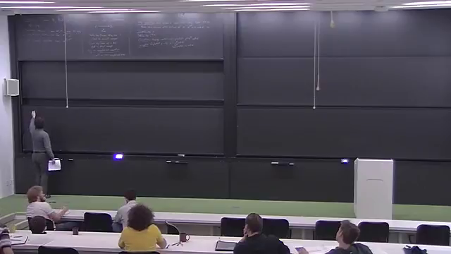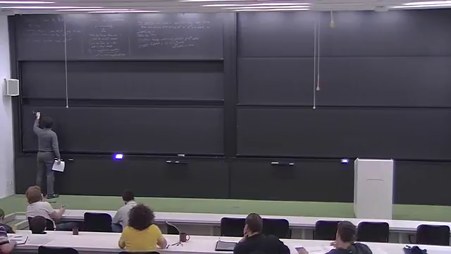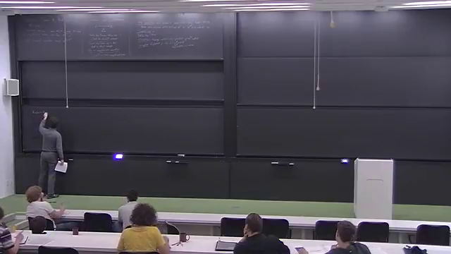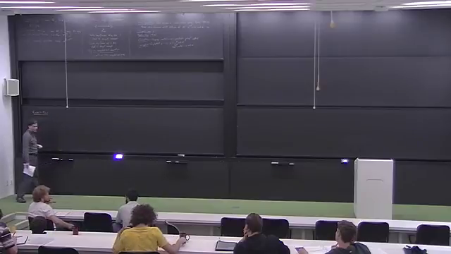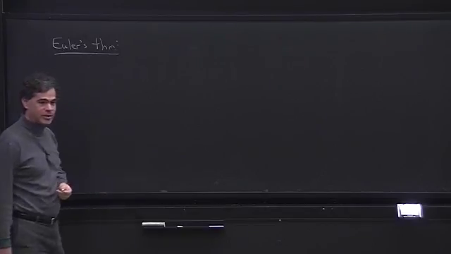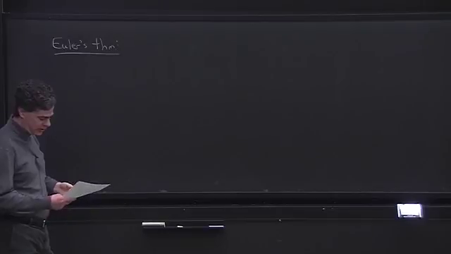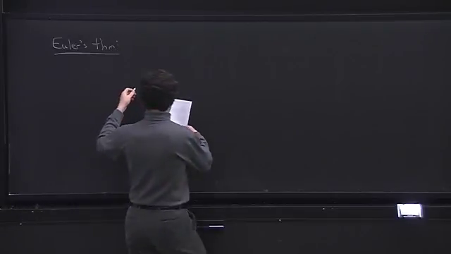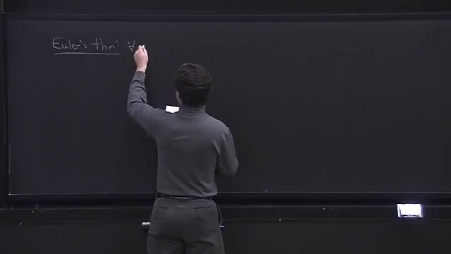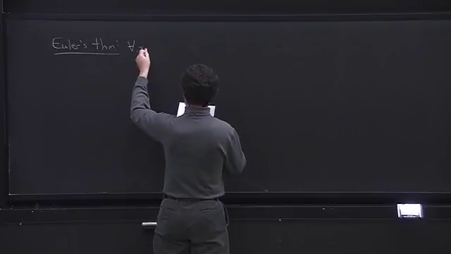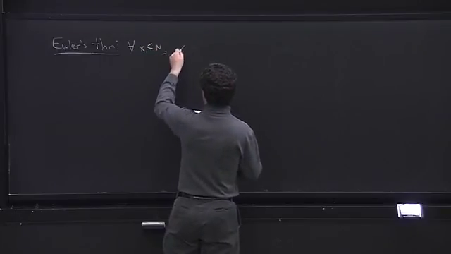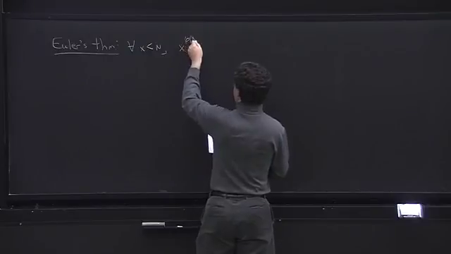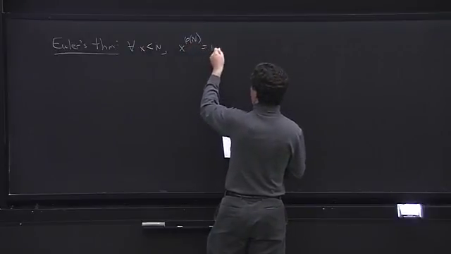So the basic mathematical result here is Euler's theorem, which, as you can tell by the invocation of Euler, dates back quite a ways. What that says is that for all x less than n, x to the phi of n is equal to 1 mod n.